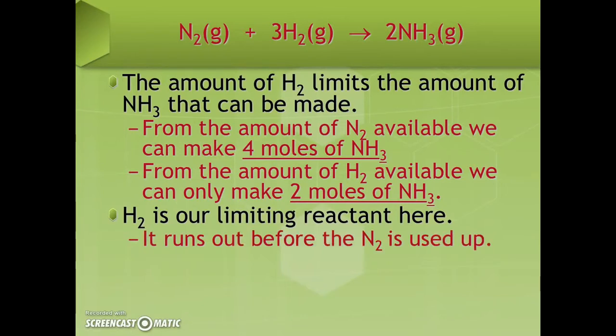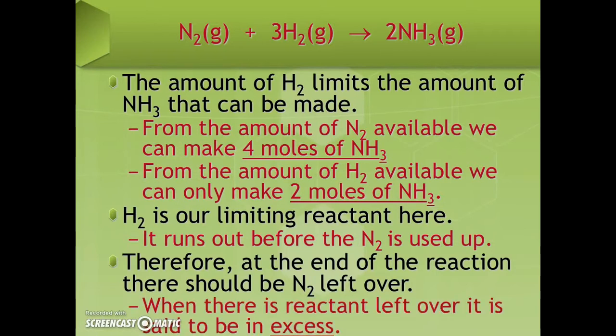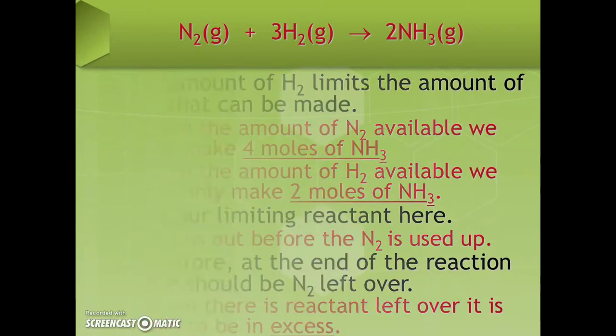And one thing that's worth noting is that the hydrogen will run out and we'll have leftover nitrogen. We can say in chemistry terms that nitrogen is in excess. It will be left over when our reaction is complete.